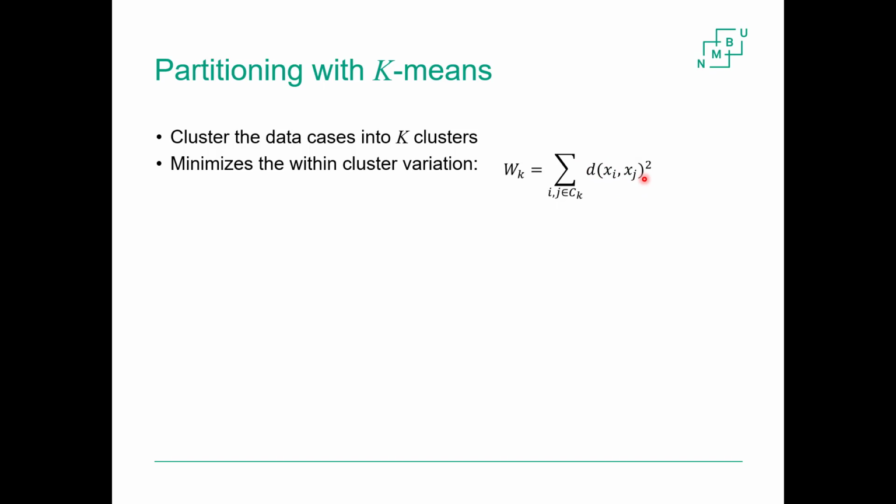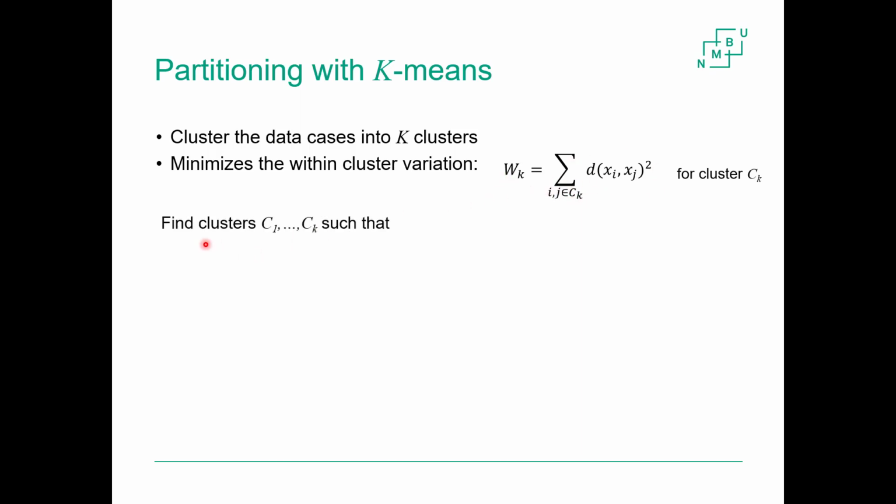A squared Euclidean distance is just a sum of squares of the differences in coordinates between these two rows. Then you sum up all this for all pairs of members in that cluster. So for cluster Ck, it looks like this, and you do this for each group.